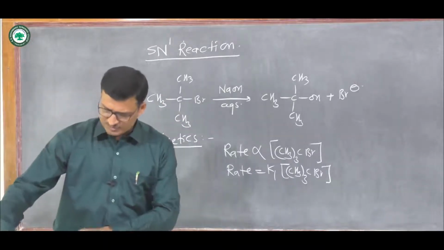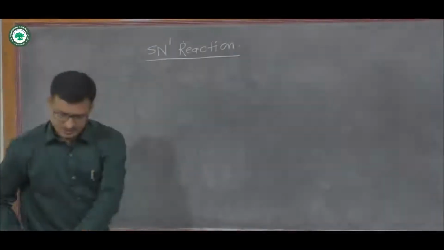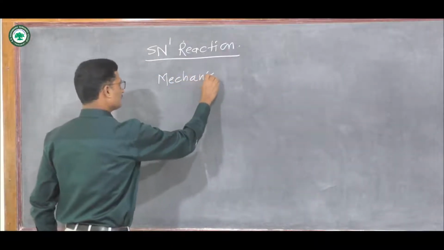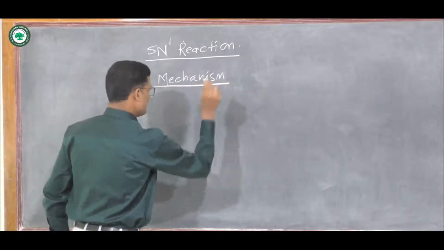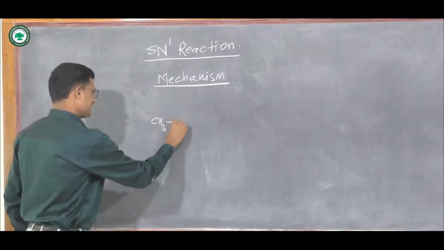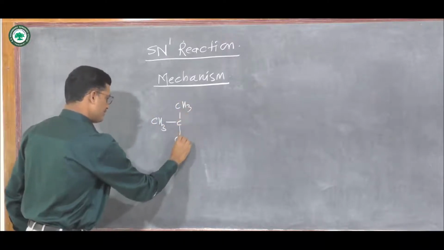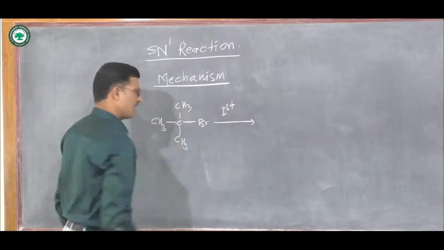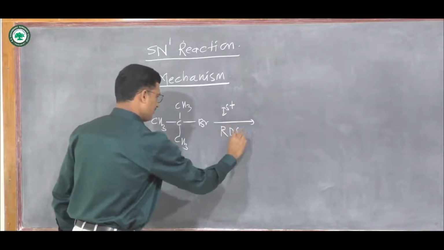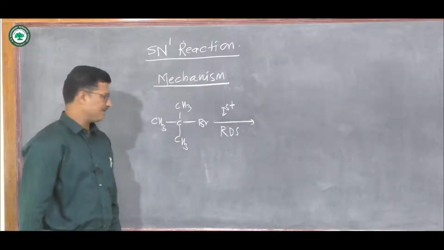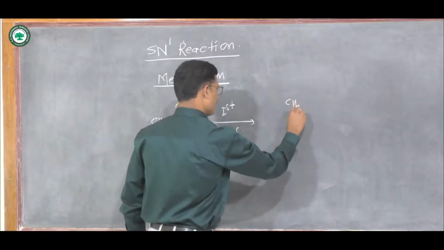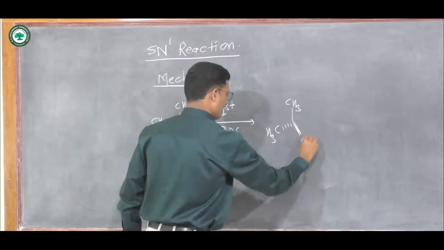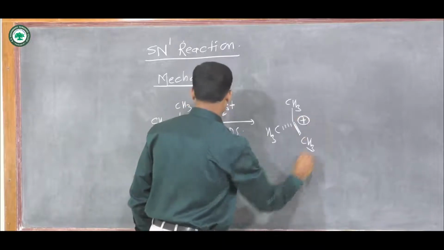Then we see the proposed mechanism of this reaction. We write the substrate tertiary butyl bromide. This is the first step, and it is the rate determining or slow step: formation of the carbocation.